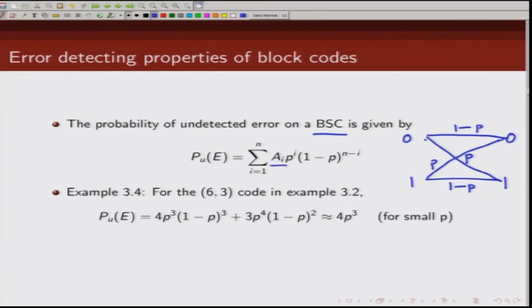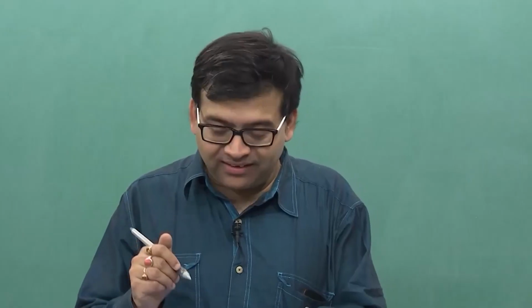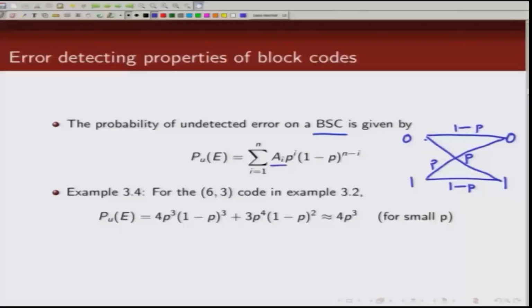So, that probability is p raised to power I into 1 minus p raised to power n minus I. And how many such code words exist? That number is given by ai. So, the probability of getting a weight I code word at the receiver when you send an all 0 code word is given by this.